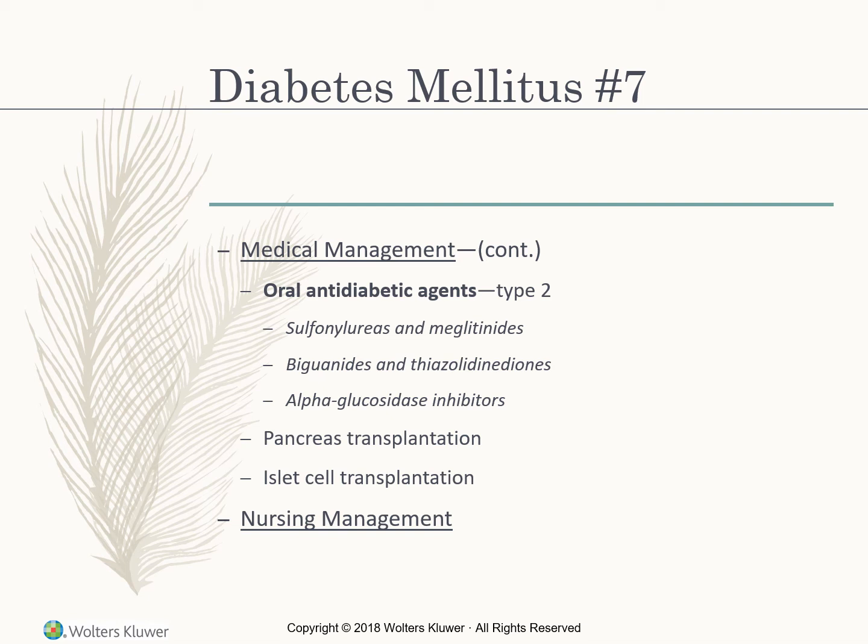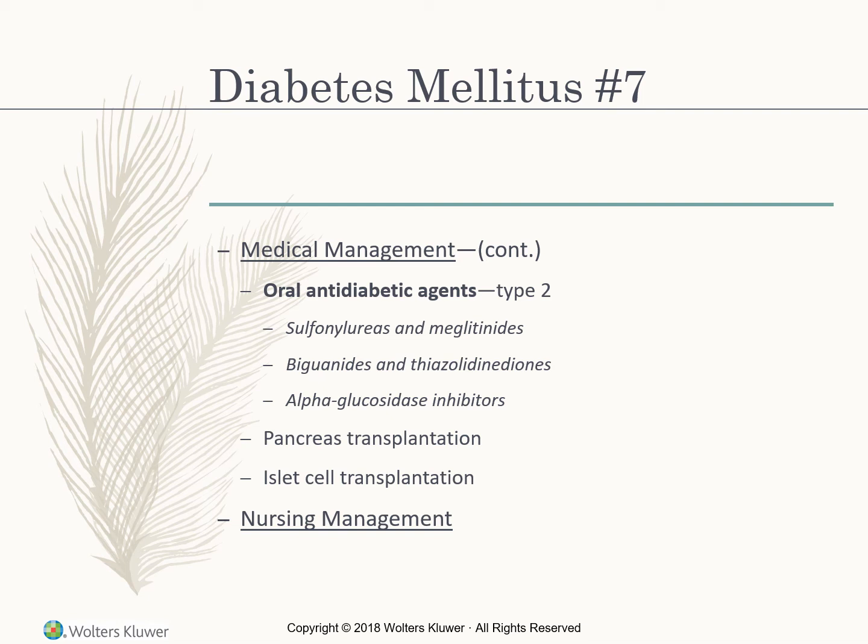Although they are effective drugs, they generally tend to cause weight gain, hypoglycemic reactions, and secondary failure, a phenomenon in which the pancreas can't continue making sufficient insulin, perhaps as a result of the gland's overstimulation.